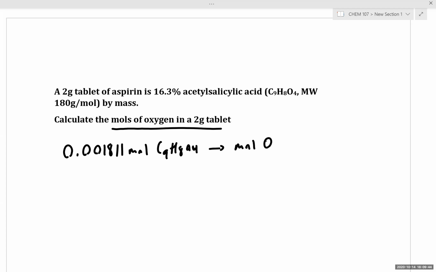And don't be shy to share any questions or responses that you have in the chat. I'm looking to see that we have a reasonable pool of class responses for this next mole to mole conversion before we continue.